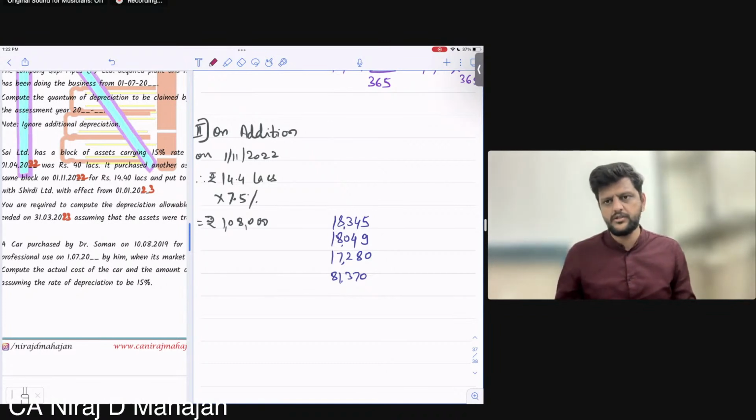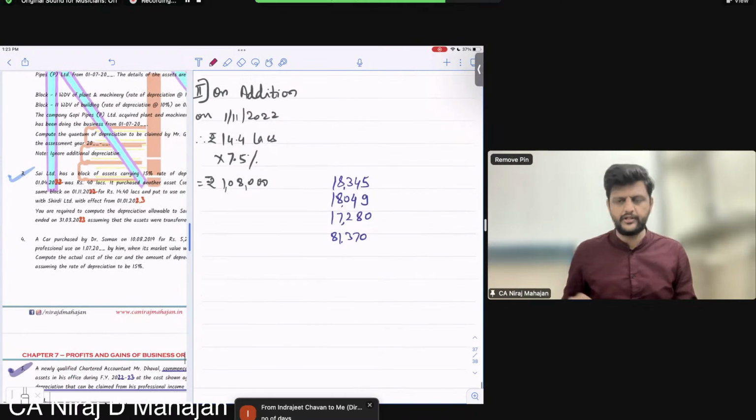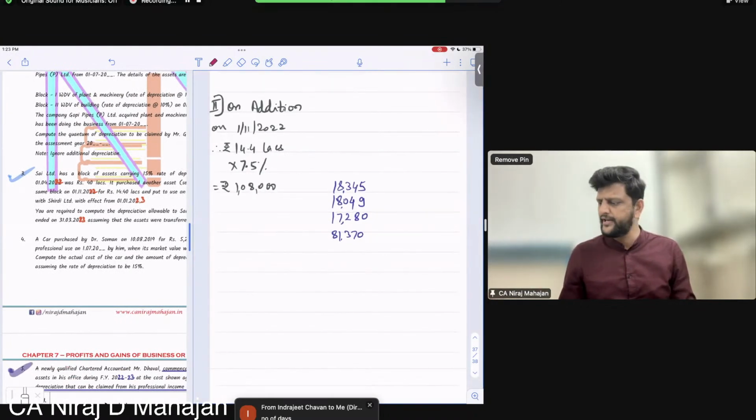On what basis? Number of days basis, children. Clear till here? Okay, how many days did you take, children, in Sai? Type the number of days for Sai.